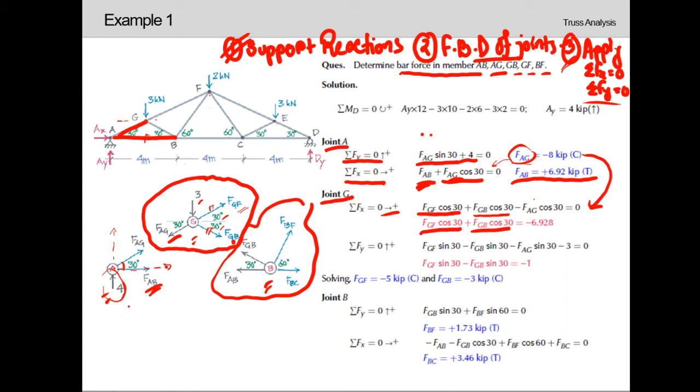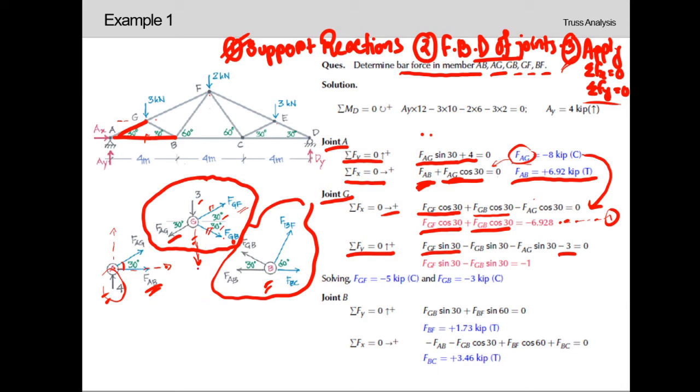So here we are getting a relation, denoting it as equation number 1. And similarly, applying summation of Fy equals 0, we can see here a 3 kip load is acting downward, that means minus 3. FGF will have its sine component in vertical direction, so FGF sine 30, and FGB will have a vertical component which will act downward, so FGB sine 30.